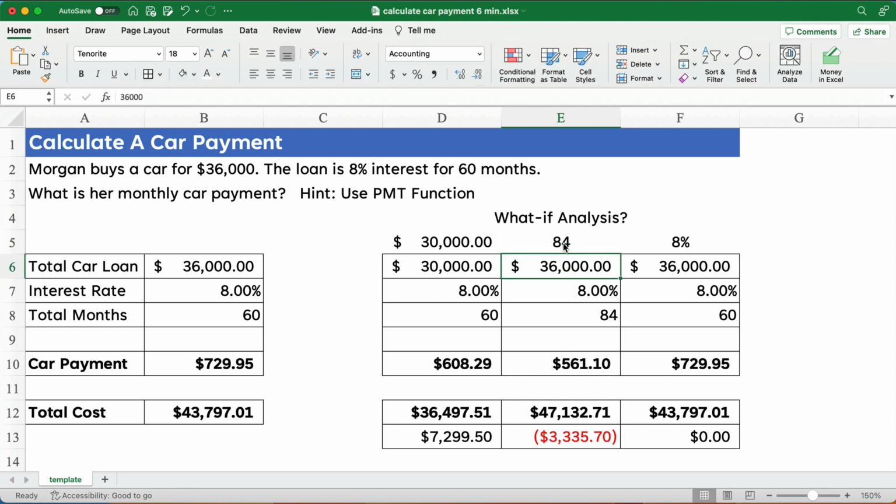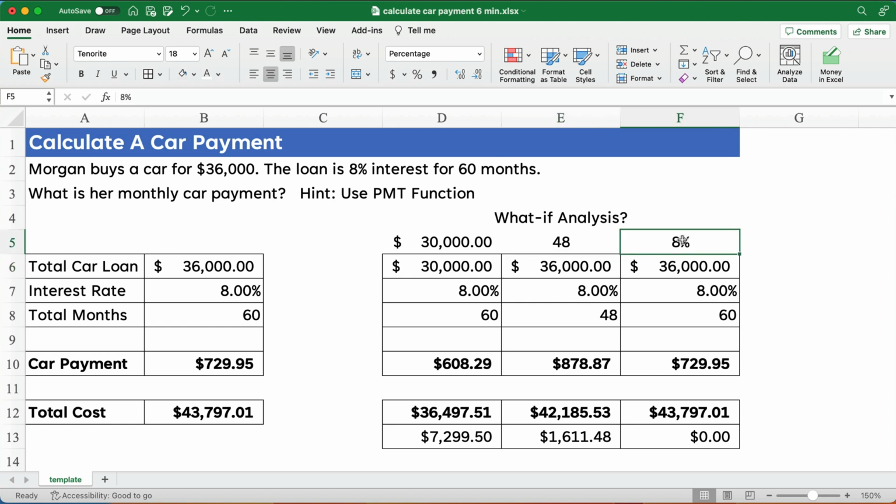Well, your payment goes down again, but your total cost goes up again. So there's a trade-off between the term and the amount of the payment, but also the total cost. If you could pay off that loan in 48 months, then the payment's higher each month, but your total cost is lower. It's a trade-off. You've got to think about how that works.